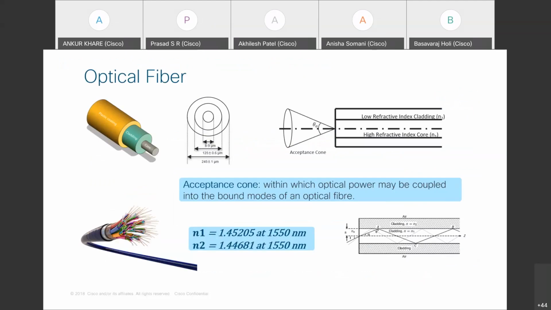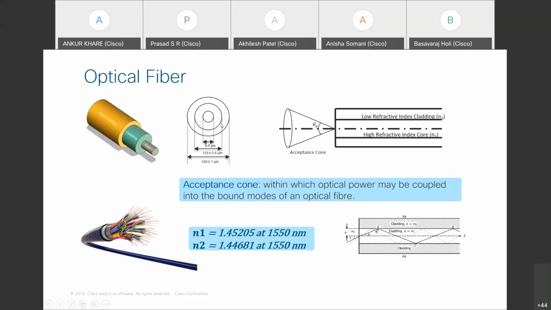Like how optical fiber is manufactured, the core and cladding, right? If you see the fiber picture in the cross-sectional diagram, there's a center, which is called the core. On that core, there is a cladding.